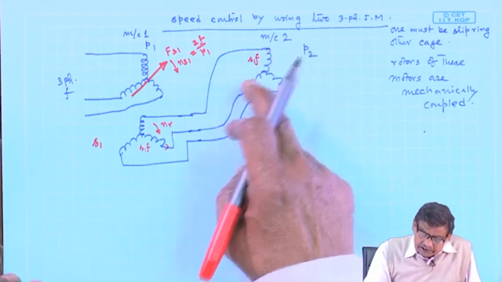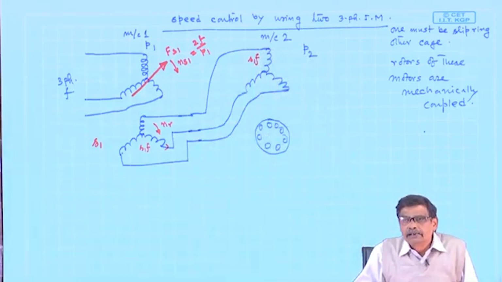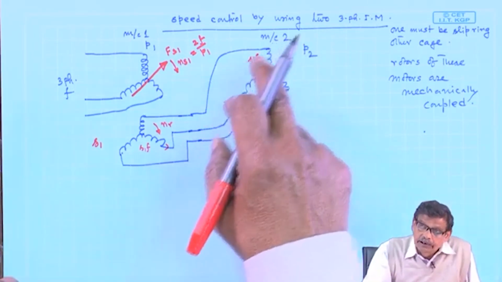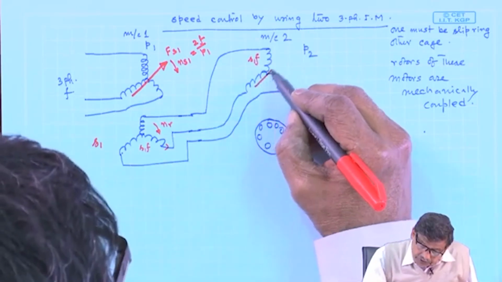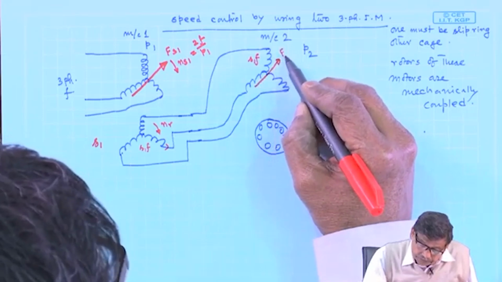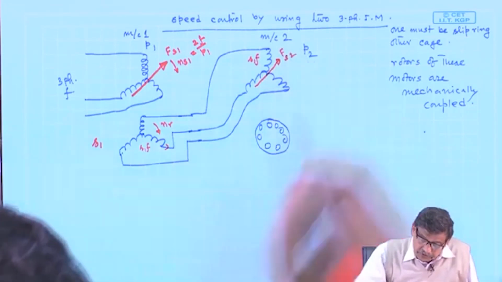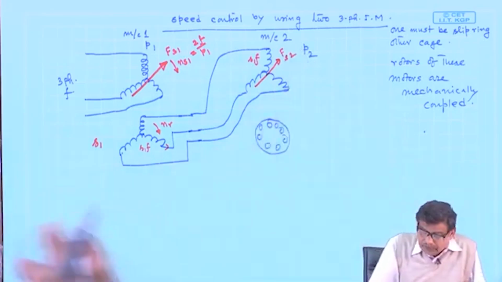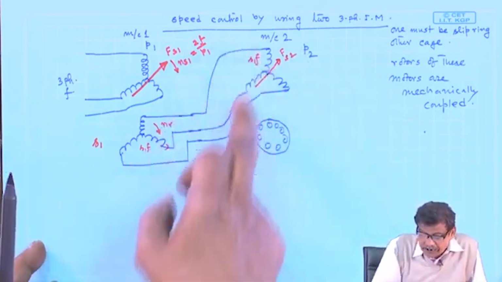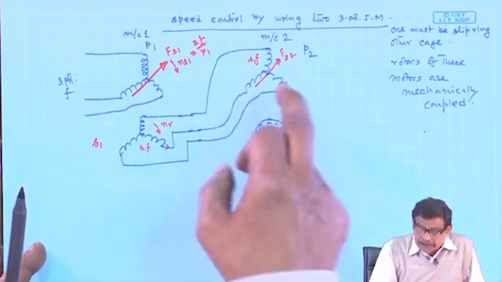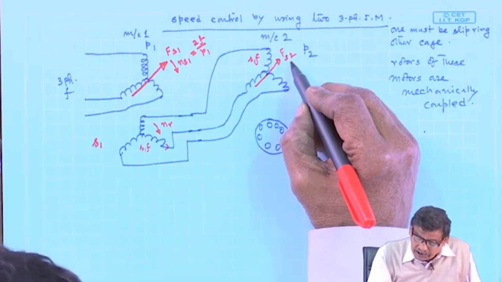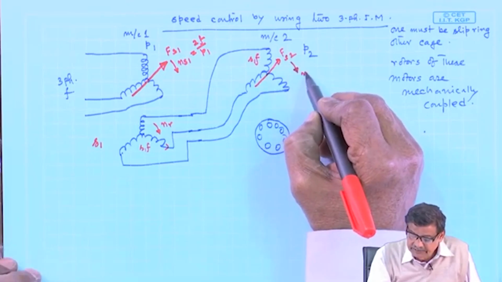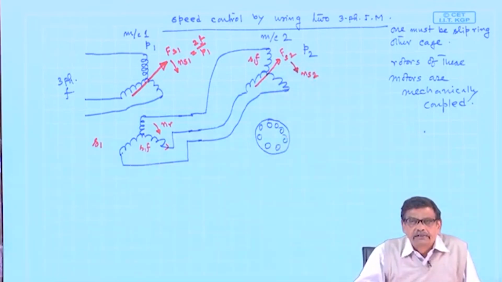Therefore, this second machine's stator winding will also carry a balanced 3-phase current, but of frequency S1 into f, and thereby it will produce a rotating field Fs2. Suppose the phase sequence supplied to the second machine is such that it also rotates in this direction with a synchronous speed ns2.